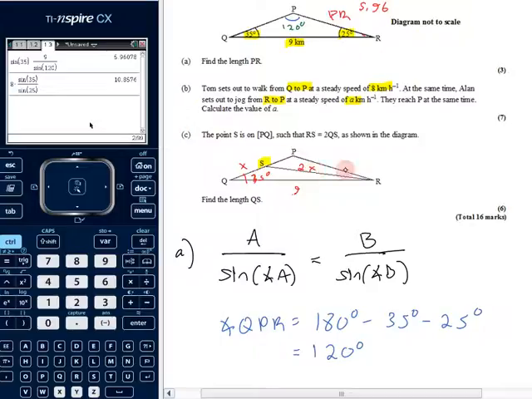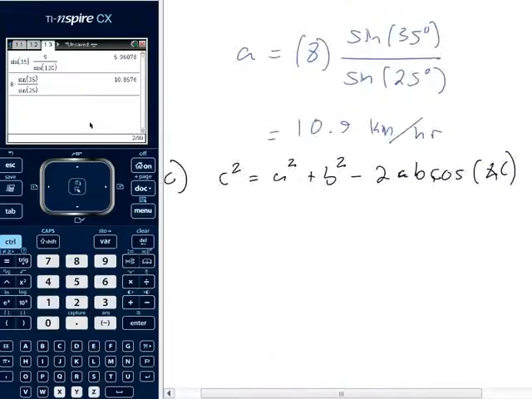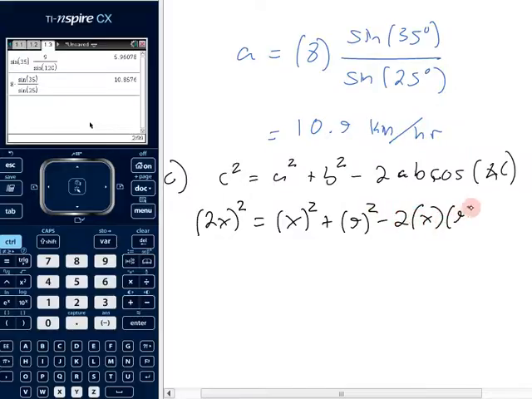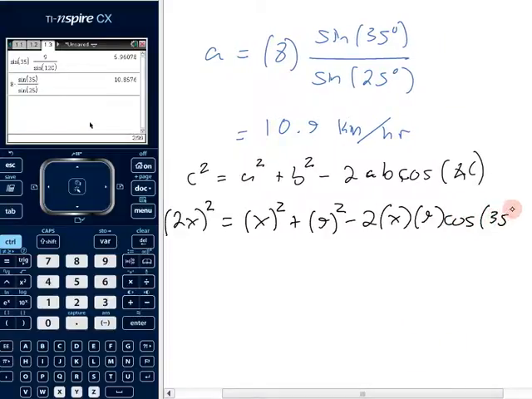In this case, it's 2x. x and 9 must be the other two sides. And so we'll get 2x squared is equal to x squared plus 9 squared, take 2 times x times 9 times the cosine of 35 degrees.